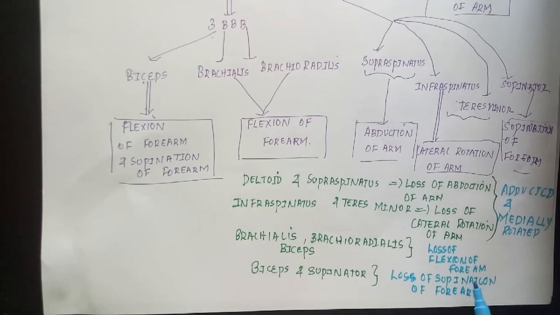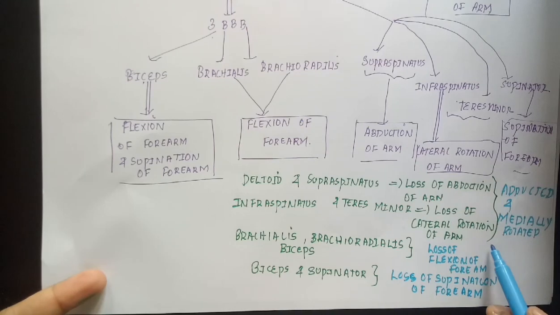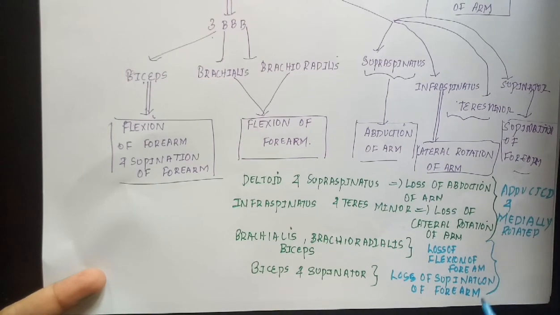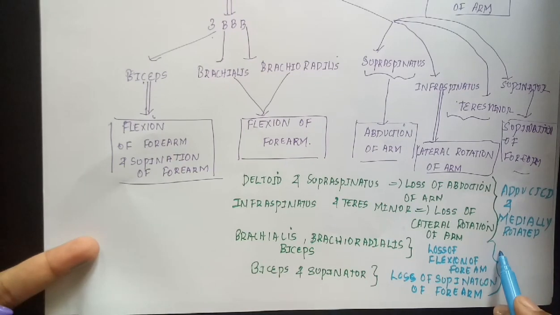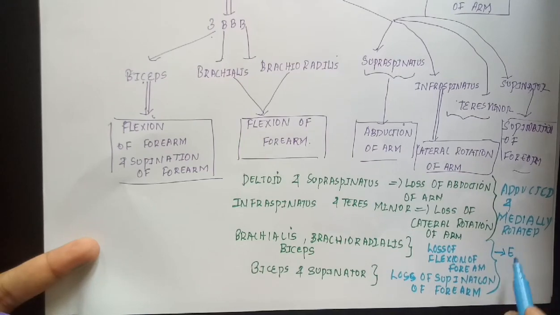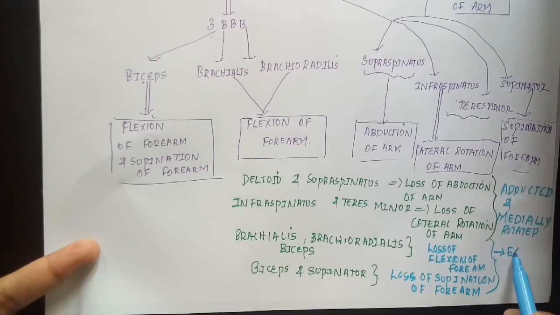So the loss of flexion of the forearm along with the loss of supination causes overaction of the extensors and the pronators of the forearm. So the loss of flexion along with the loss of supination results in the forearm being in an extended and pronated position.